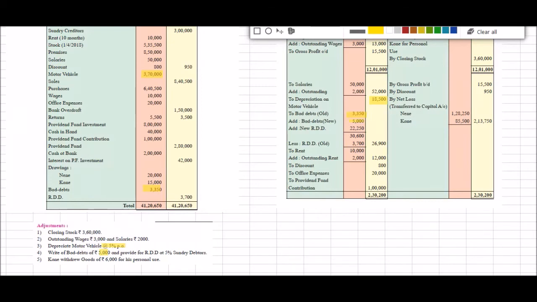New RDD is 5% on sundry debtors, so we get an amount of 22,250 rupees. Altogether it becomes 30,600 rupees, and less old RDD of 3,700 rupees. The total amount is 26,900 rupees.